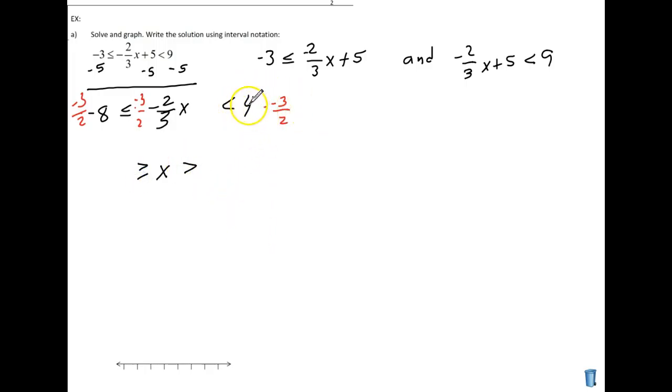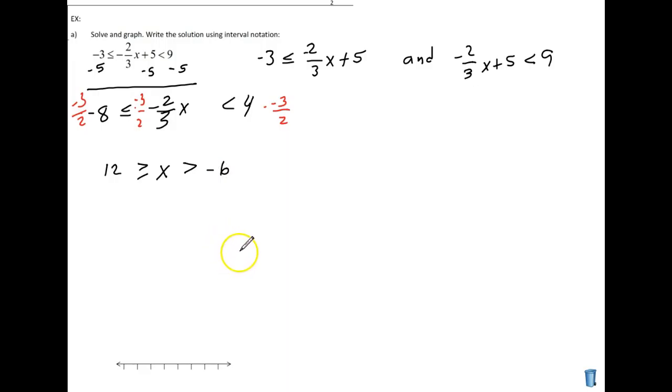Over here, I get 4 times negative 3, which is negative 12 divided by 2, negative 6. Here I get negative 3 times negative 8, which is positive 24 divided by 2, which is 12. So what this is saying is 12 is greater than or equal to x, which is greater than negative 6.